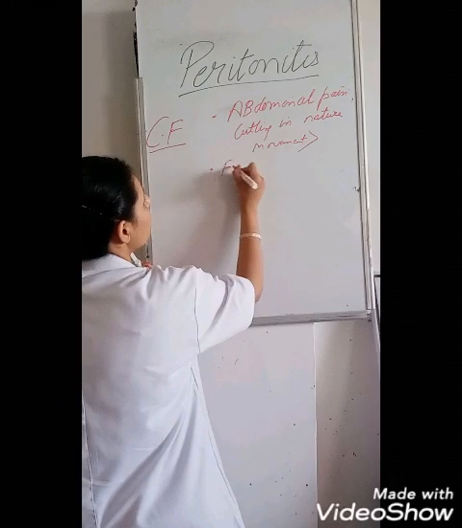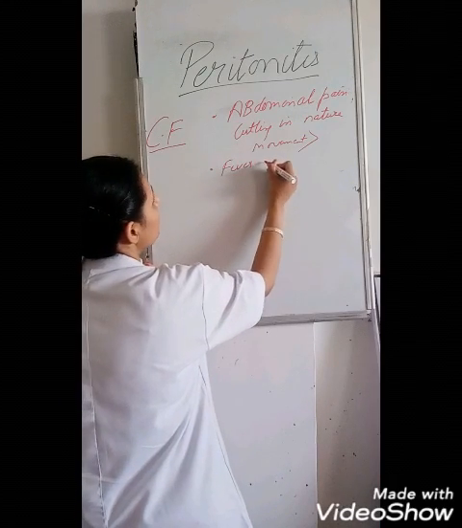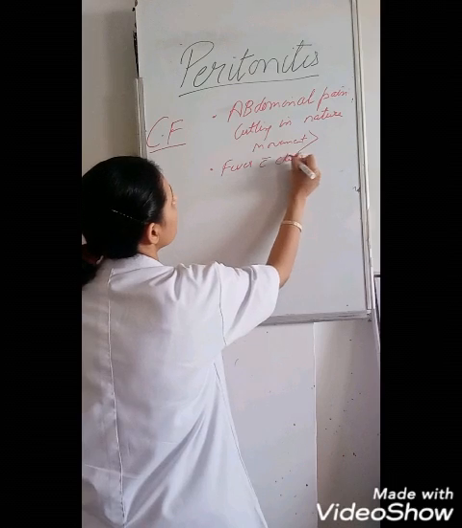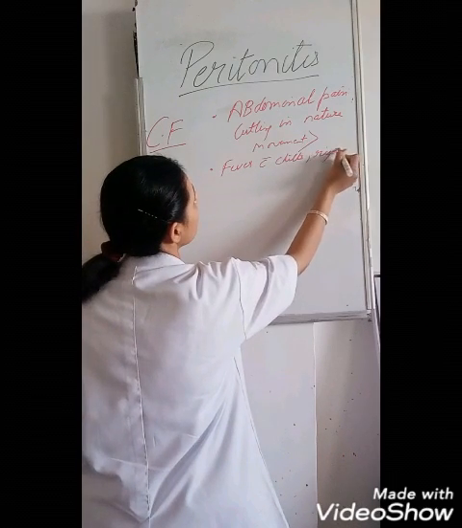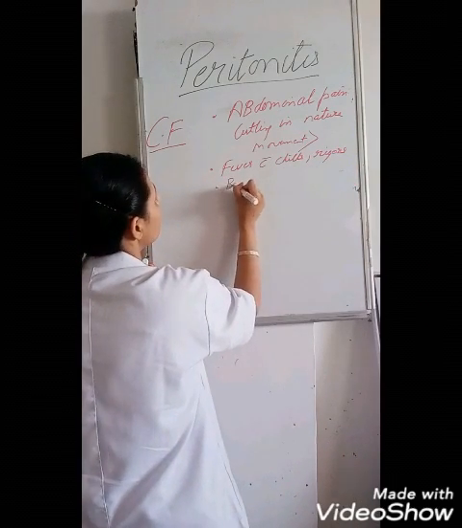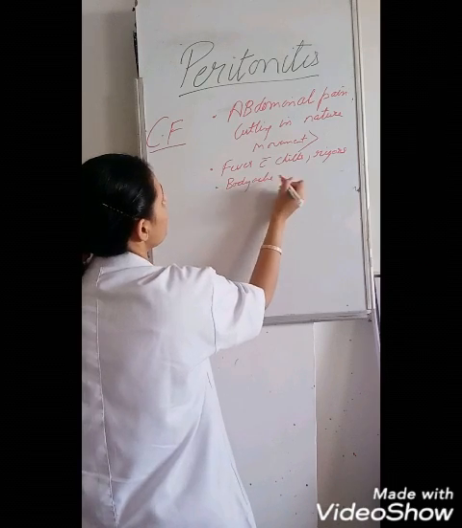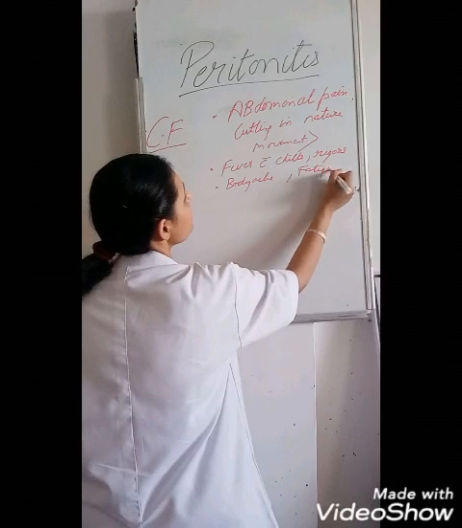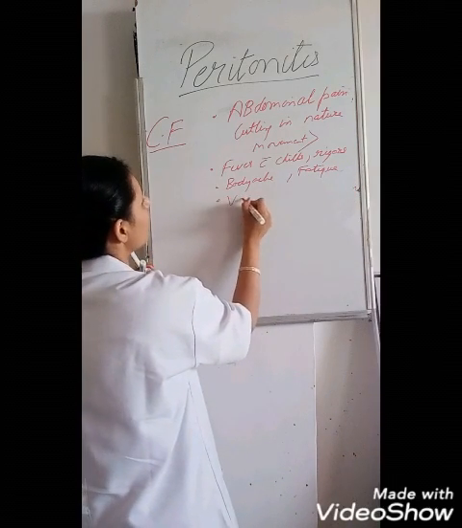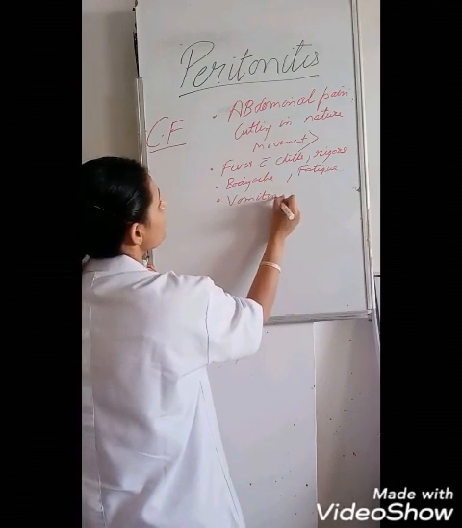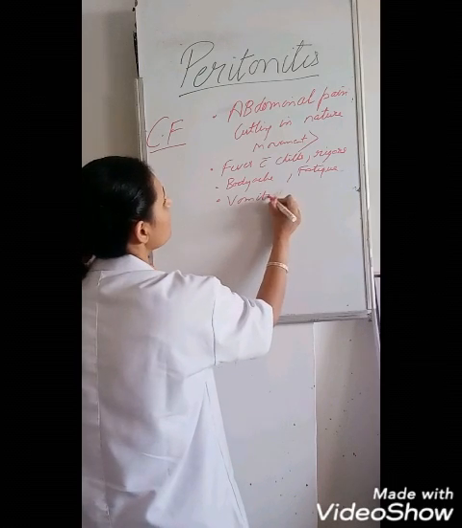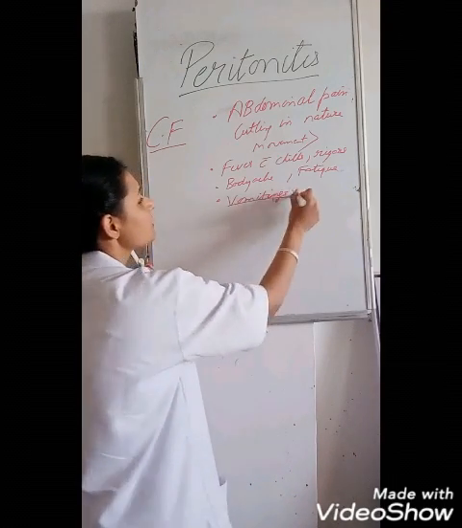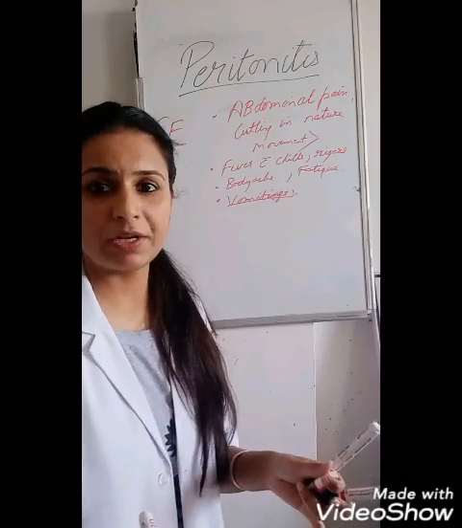Then, because it is an infection and inflammation of the peritoneum, there will be fever with chills, rigors, body ache, muscle ache, fatigue. So general features of infection. There will be persistent vomiting. Why? Because of the irritation of the peritoneum.